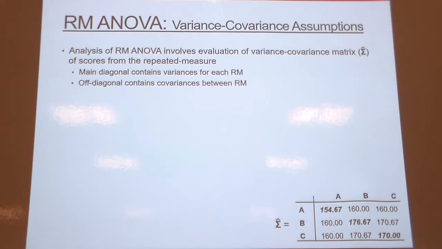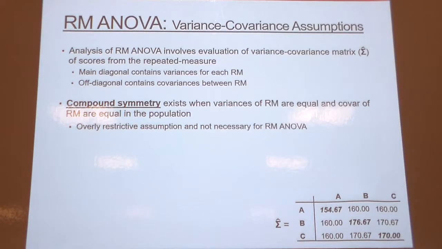So you can think about this as a correlation table, the correlation between time point 1, 2, and 3, with standard deviations on the diagonal, if you wanted to think about it that way. That's not what it is mathematically, but conceptually, it's a similar thing.